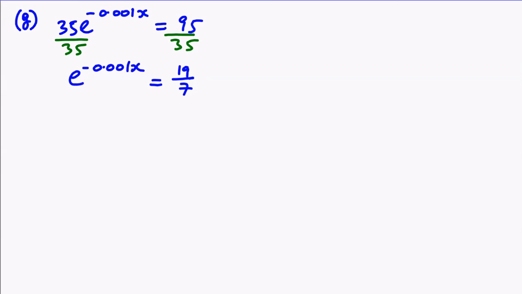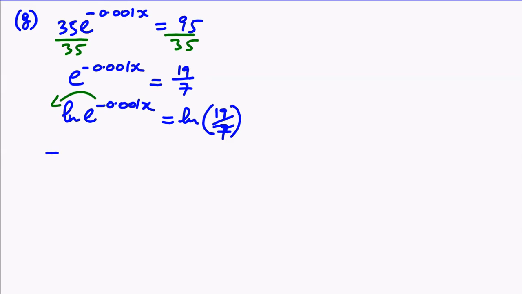Then we can take natural logarithm of the left and the right hand side. It's 19 over 7. So we can bring this power to the left. So you end up with negative 0.001x ln e is equal to ln 19 over 7. ln e is equal to 1.